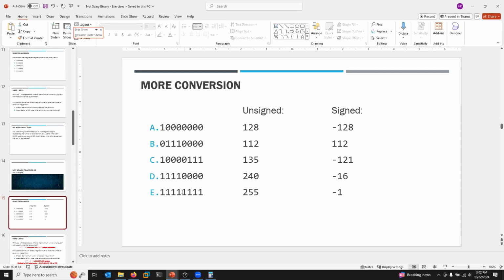For signed, though, all ones is always negative 1. That's a pattern you can use regardless of the number of bits in your number. And then these numbers are what they are. You can do it by hand once or twice, but eventually you're going to put them into a calculator.